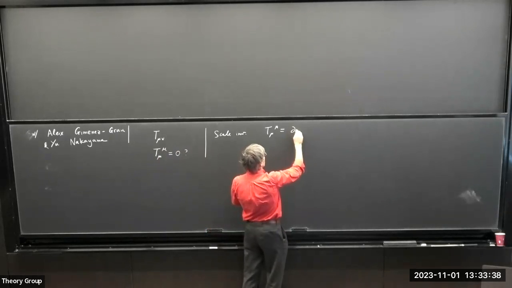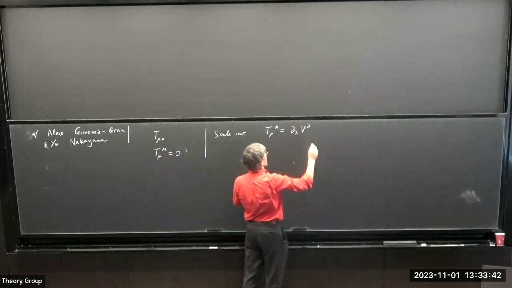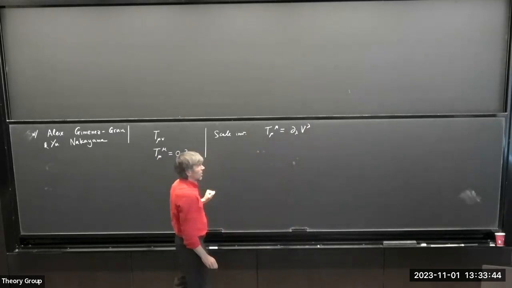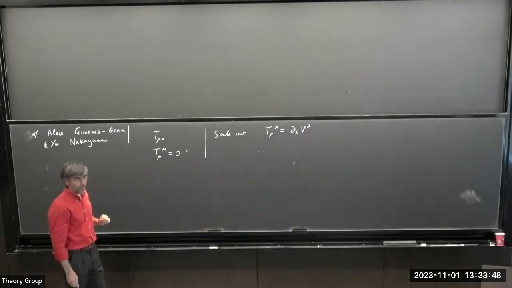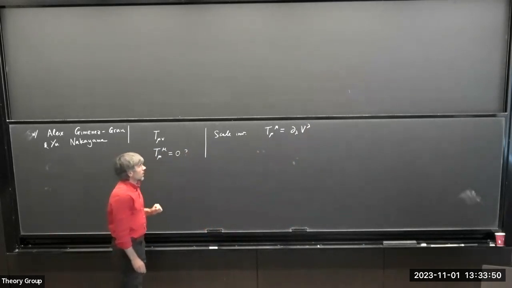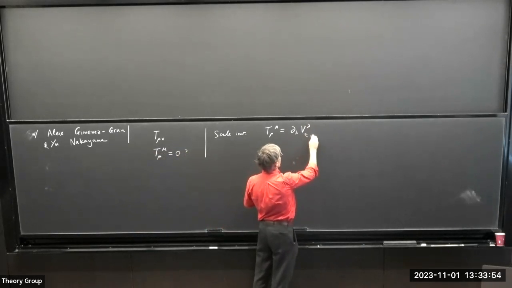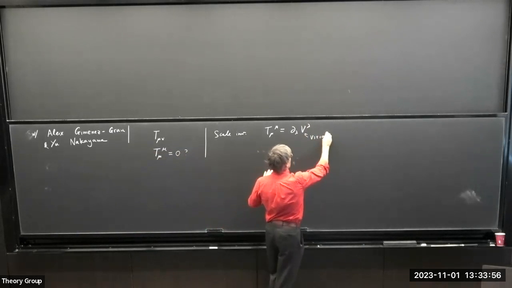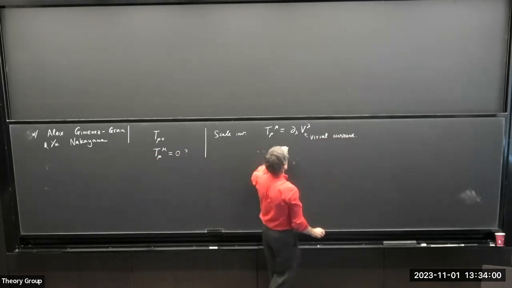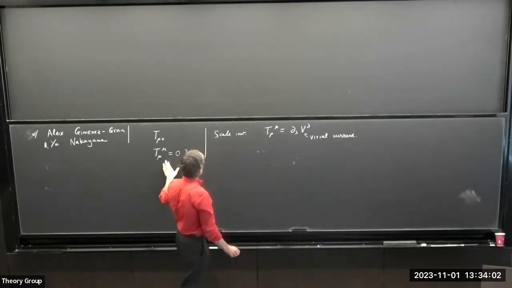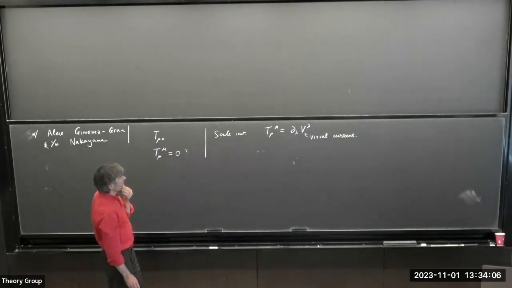A property which is sufficient is that the trace of the stress tensor is a divergence of some vector operator. This operator is called the virial current. If this property holds, which is more general than tracelessness, then the theory is going to be scale invariant.